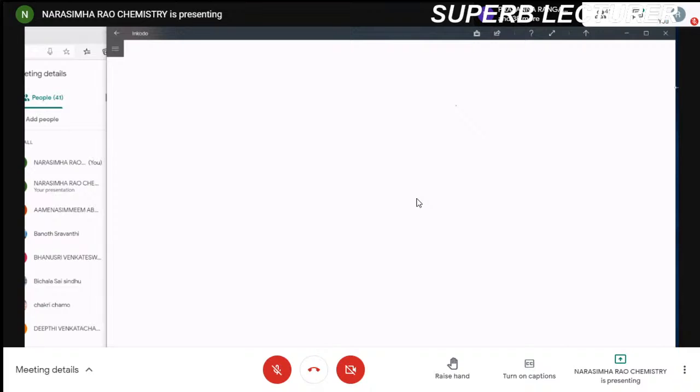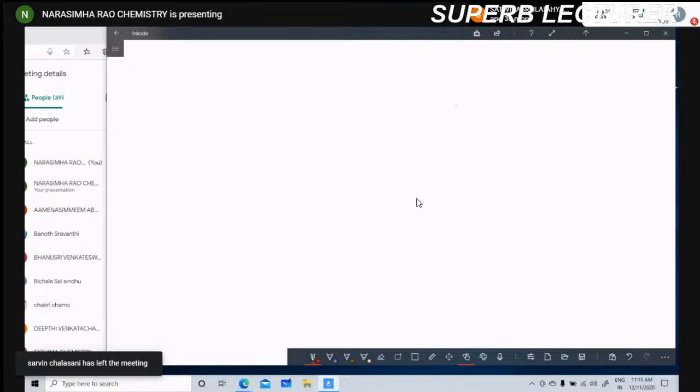Right. Enthalpy of vaporization means the amount of heat required to convert 1 mole of liquid to its vapor state is called enthalpy of vaporization.